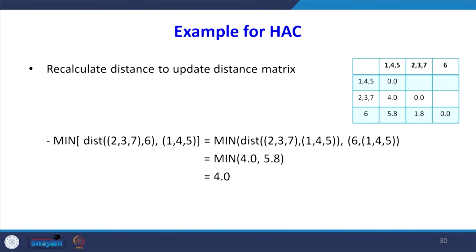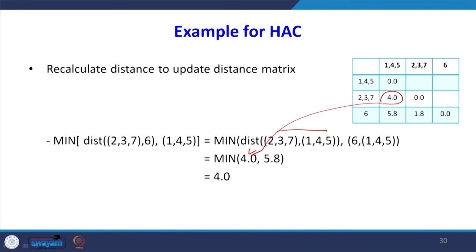Now, recalculate the distance to update the distance matrix. The distance between 2, 3, 7, 6 versus 1, 4, 5. You have to find out this distance. 2, 3, 7 versus 1, 4, 5, the minimum distance, that one we brought here.